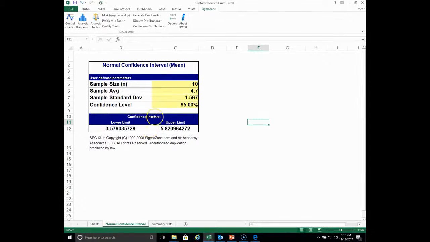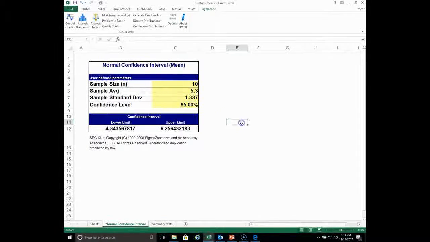Now the confidence interval does not tell you if the population mean is closer to the upper limit or the lower limit. It just tells you you are a certain degree of confidence that the population mean exists somewhere between those two numbers. Let's take the second simulation result from Plinko probability. That was a 5.3, and the standard deviation was 1.337.